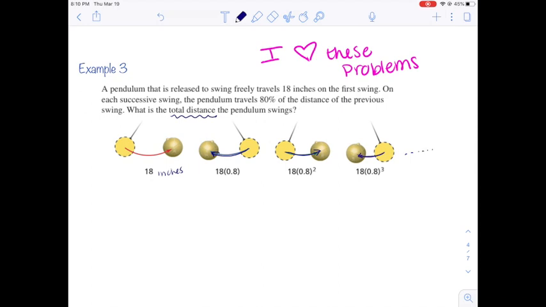Now, will it keep going on forever? Technically, I would argue it'll still just have a little bit of movement. So I would argue this is a case for the sum of an infinite geometric series.